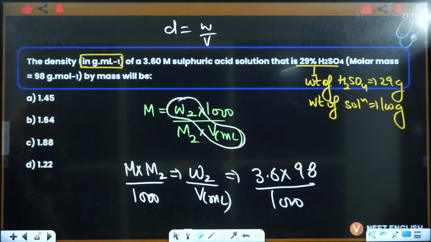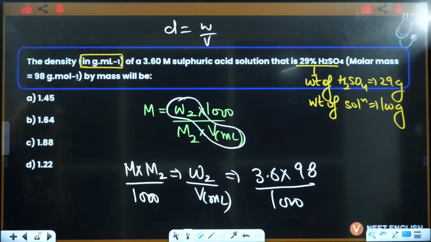Let me just see if you're able to get the answer, because it's a shortcut that should be applicable here, right? 0.35. It is not coming out to be in any of the options, right?